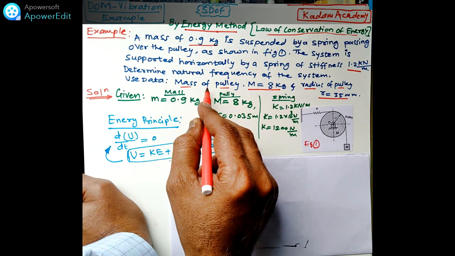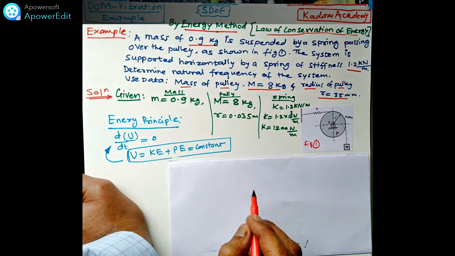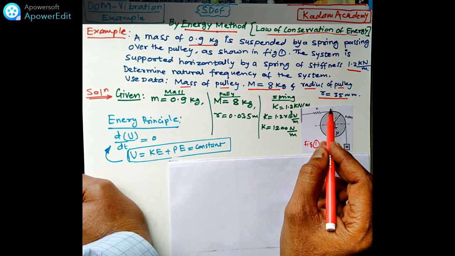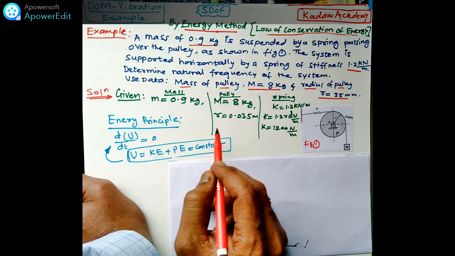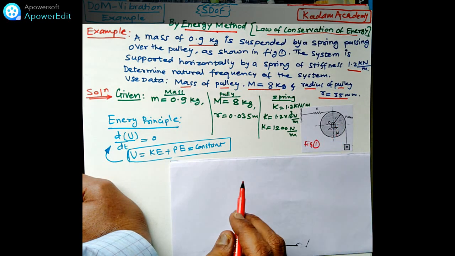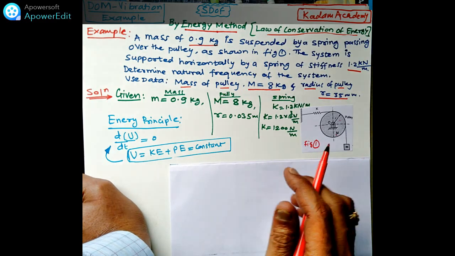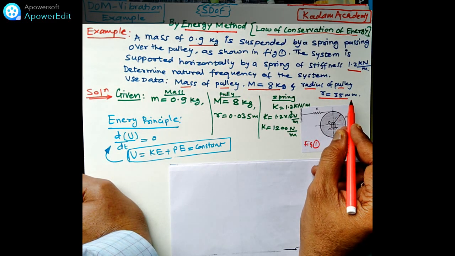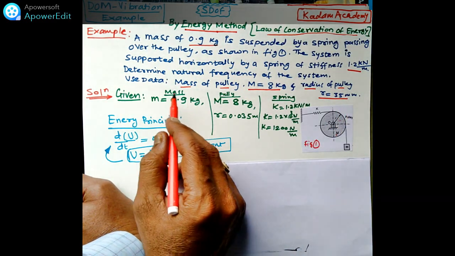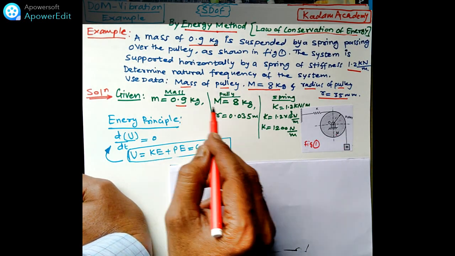Use data: the total mass of the pulley, capital M, is given as 8 kg, and the radius of the pulley, small r, is given as 35 millimeter. For the mass, how much is given? 0.9 kg.